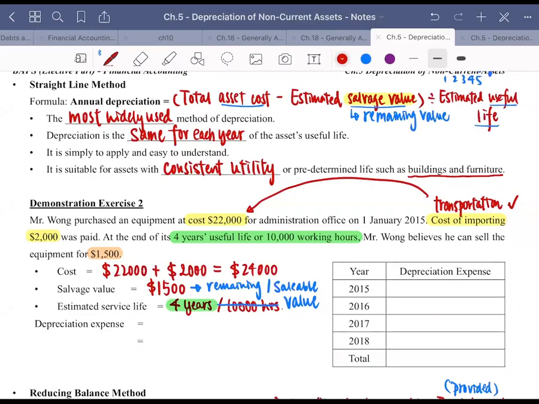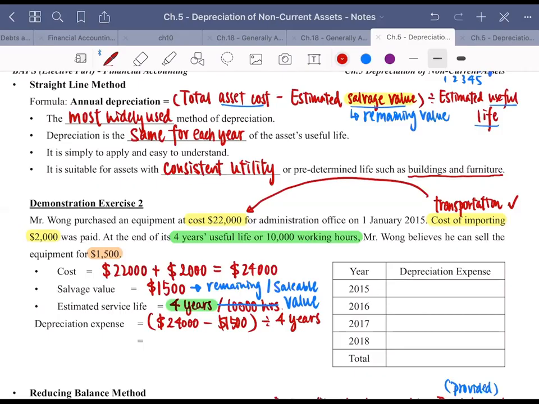The cost would be $24,000, and the salvage value, the remaining one, would be $1,500. After deducting the remaining value, we are going to divide it by the estimated useful life, which is 4 years. So very simple, we can get the answer of the depreciation expense.